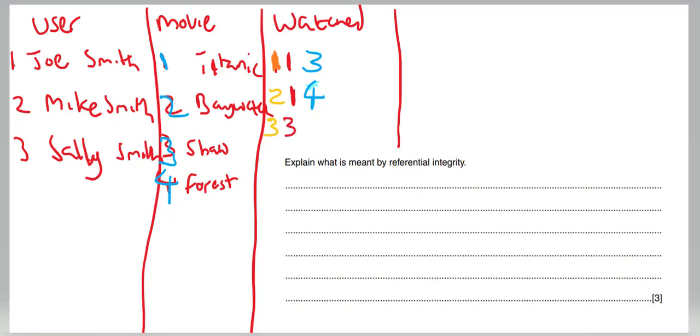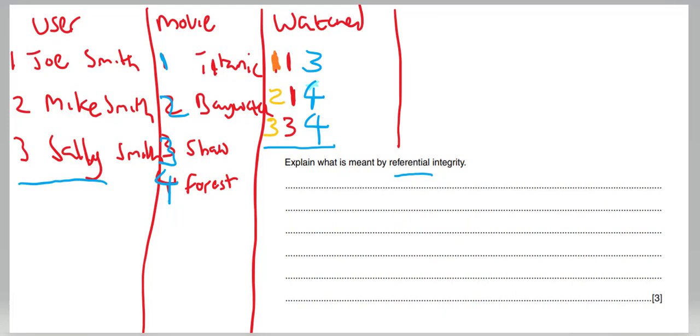Sally Smith, who's watched. Now, we've got something called referential integrity. So we need to make sure that the information we've got in here is equal to the information we've got in here about that same person. So what I mean by that is this.